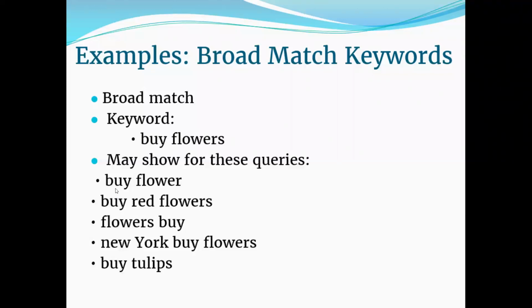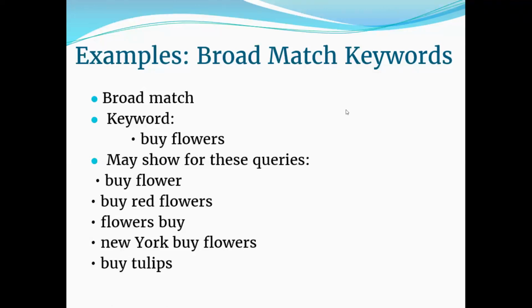They search buy flower, buy red flowers, flowers buy New York, buy flowers, buy tulips. So in total we search five keywords. My ad will be showing for the users with the broad match. Five keywords are applicable by this keyword. I'm showing your ad in the first position as the Google ad.